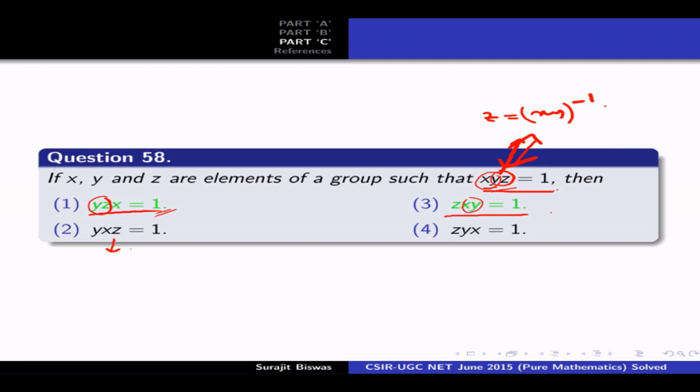But if we put this z here, this then holds if and only if yx times xy inverse equals 1, and this is if and only if yx equals xy. But if the group is non-commutative, then we can choose such an x and y for which xy is not equal to yx.